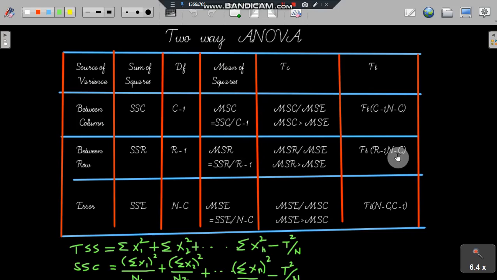This is the way we calculate the table value for column wise as well as row wise. So we are analyzing column wise and row wise at a time. That's why the name two-way ANOVA. Good luck. In the next session we will discuss three-way ANOVA. Thank you.